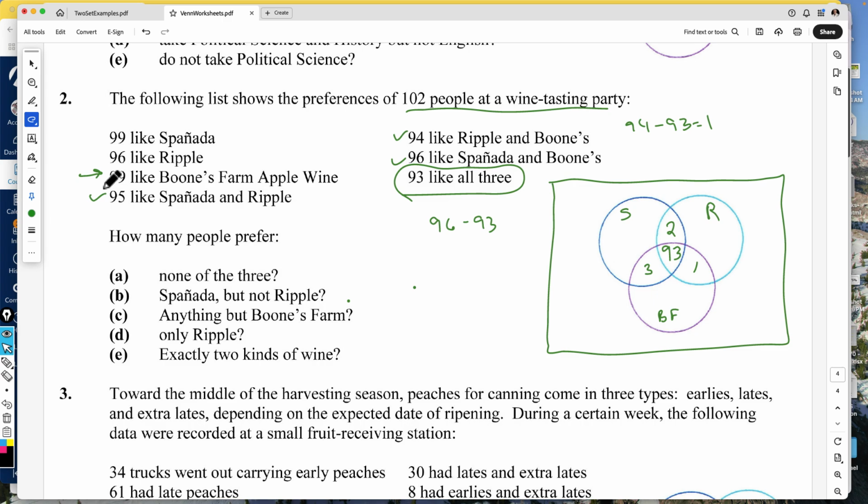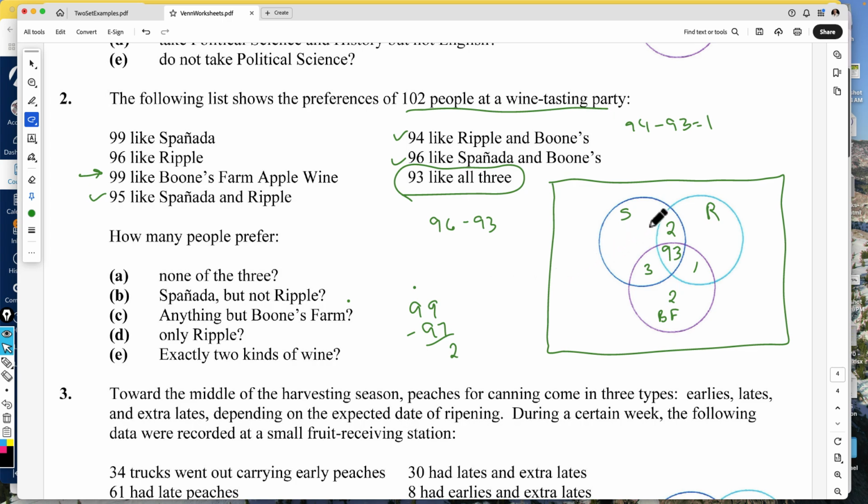So 99, but we don't put 99 in here because we've already counted these 93, 96, 97. So what goes in this circle here? 99 minus 97, 2. Very good. 2 go here. And so we took care of that.